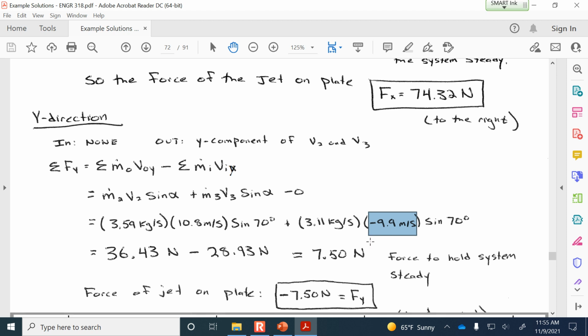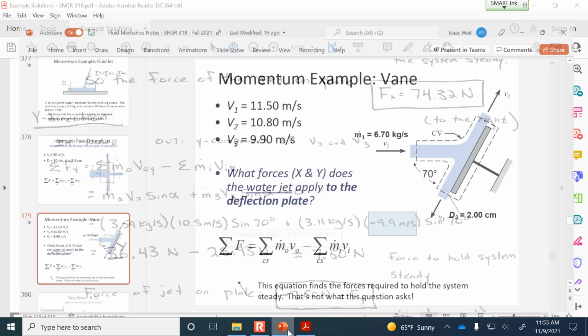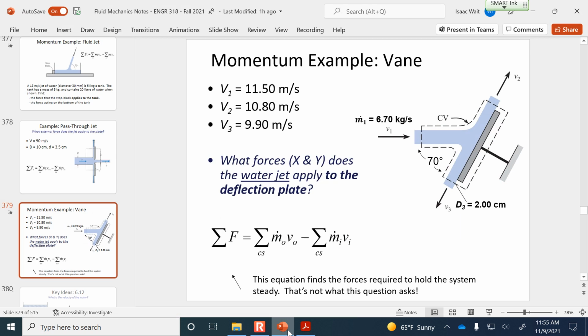So if the force required to hold the system steady is 7.5 newtons, up, that would be up, then the force of the jet on the plate is net downward. So that's a little bit less easy to just immediately see, whether it's going to be up or down, because we kind of just instinctively knew that you'd have to press to the left to hold the plate steady.